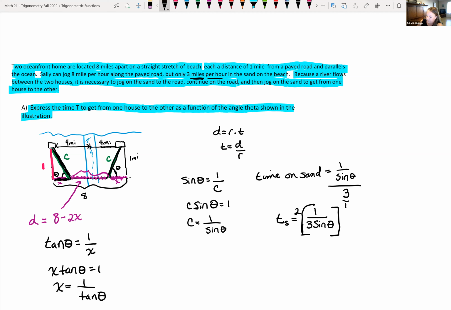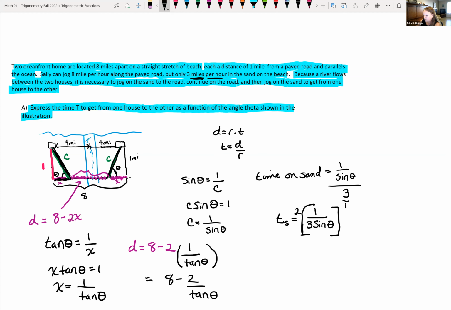So the distance in here was 8 minus 2 times x, but we just found x to be 1 over tangent theta. So that is just the distance.